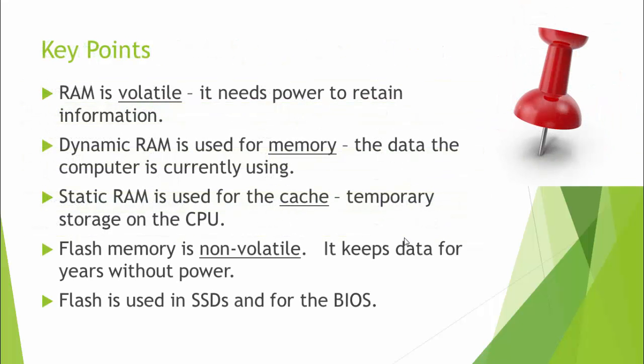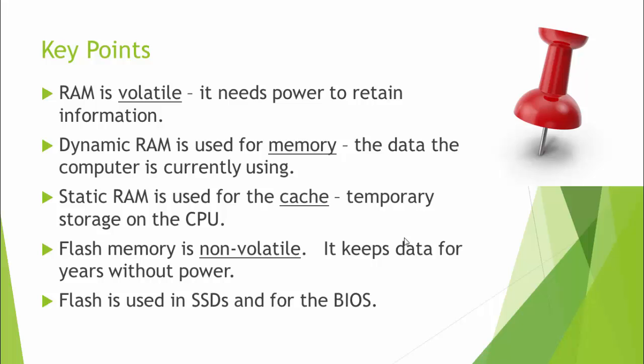Okay, so let's sum up then. RAM is volatile solid-state storage. It requires power to retain information. Dynamic RAM is used for memory, the data that the current computer is currently using.